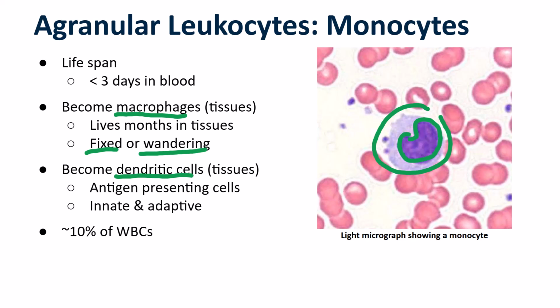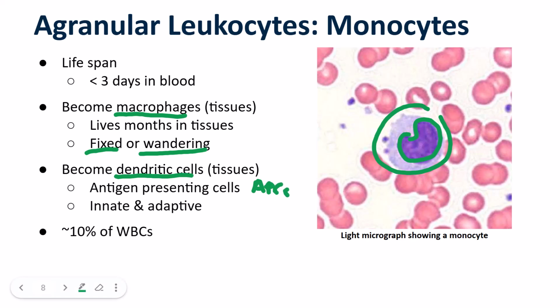Dendritic cells get their name because as they mature, they have larger sort of pseudopodia or appendages that look like dendrites. These are important because they become antigen-presenting cells, or APCs.